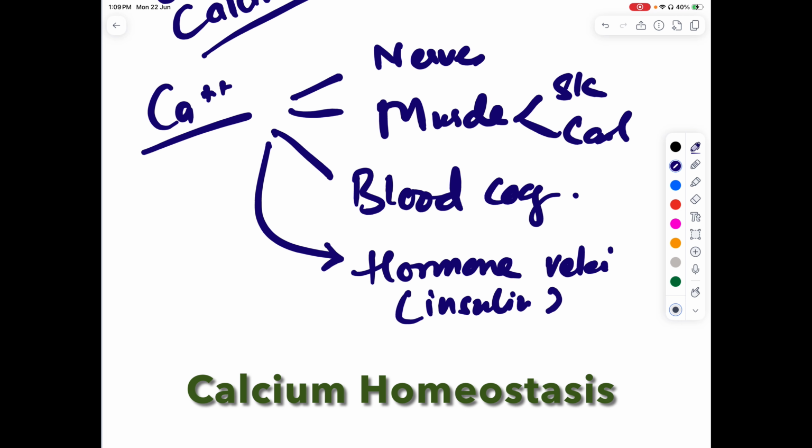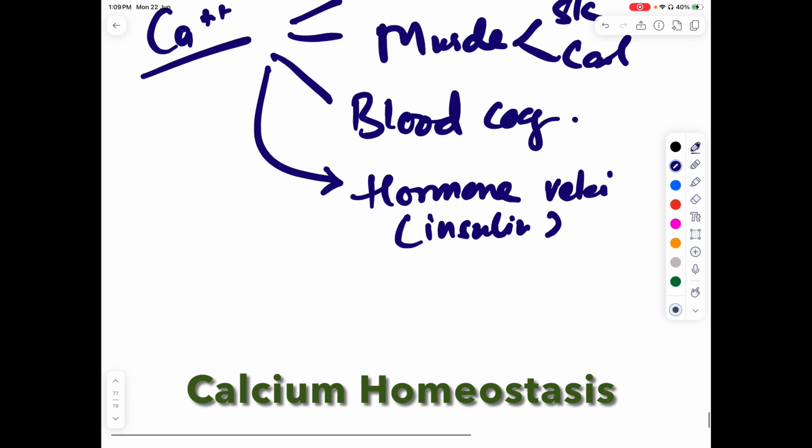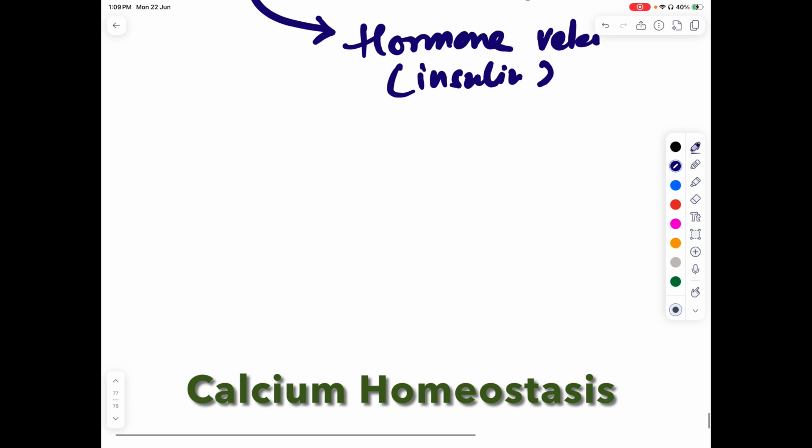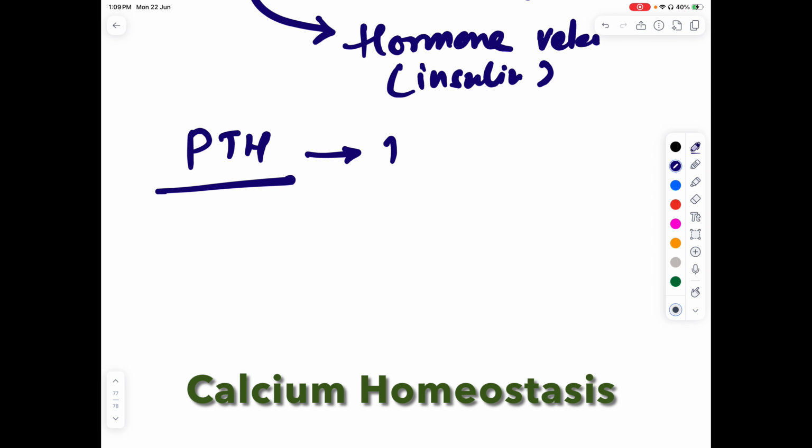What are the three mechanisms of parathormone? Parathormone increases the level of calcium. So PTH causes increased serum calcium. How?